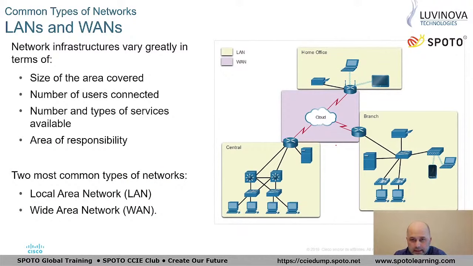LANs and WANs. Now, how is the path of connecting an end device to the network, and how is the data going from one device to another device, or source to destination? It's always two parties, source and destination, right?